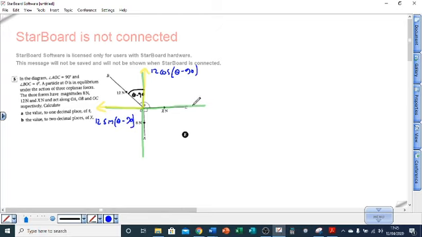So first things first, we can resolve vertically to find theta, because that won't involve x. So that's what I'll do.